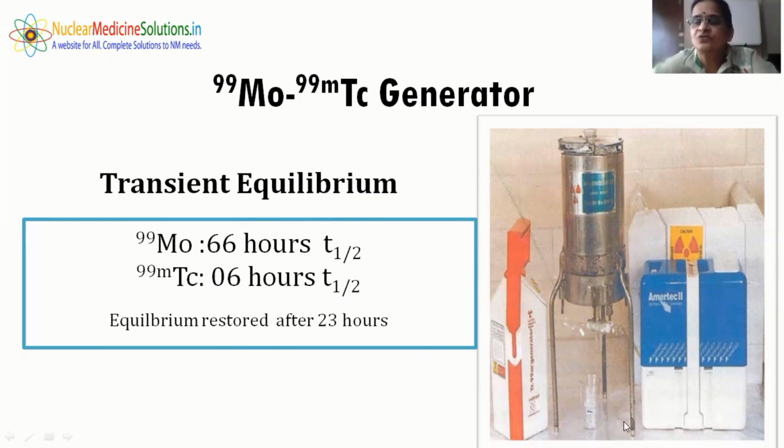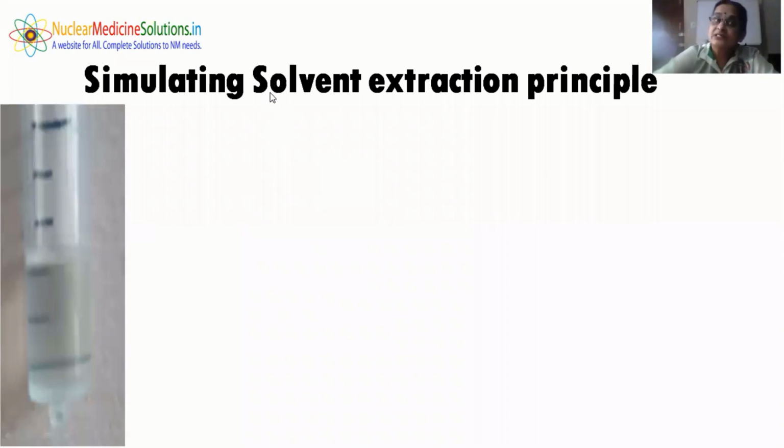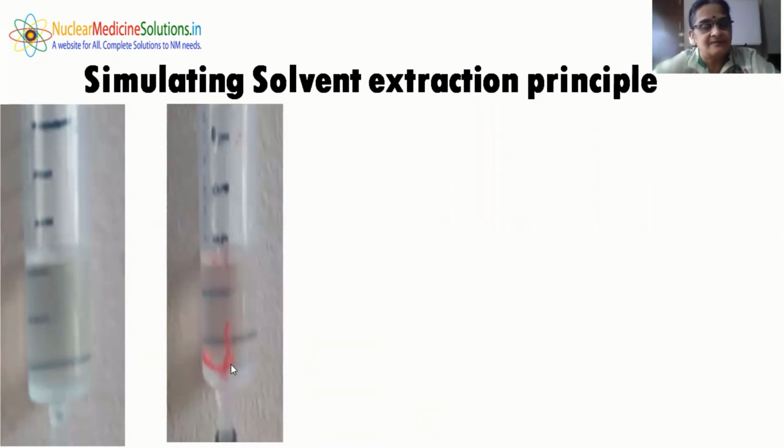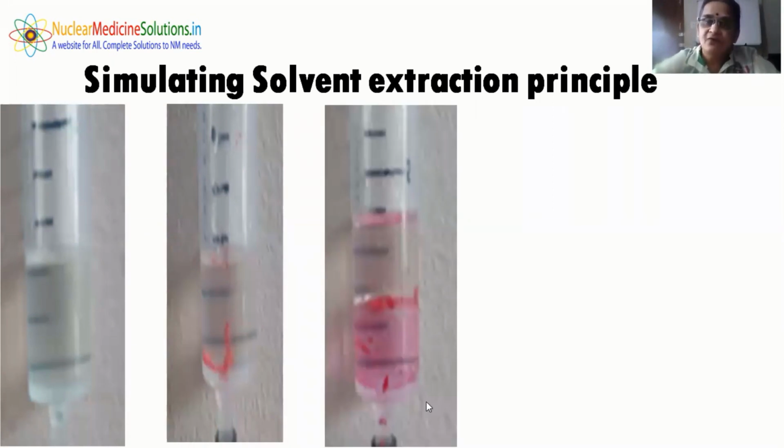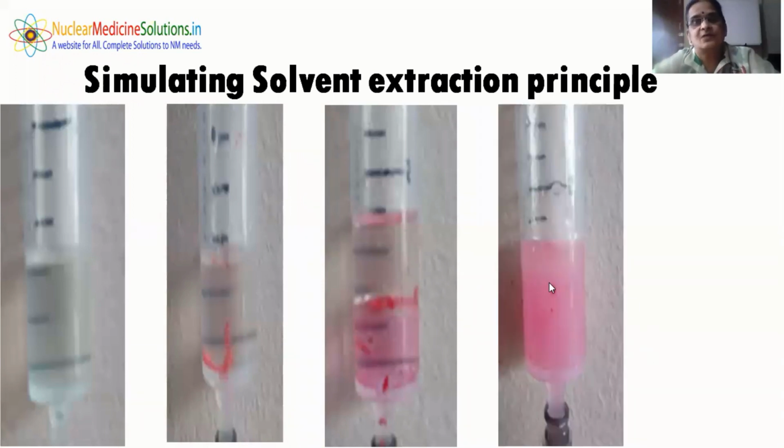Now here I've shown some images of the generators used, and in the next slides you'll understand which type of generator. Firstly, let us understand the solvent extraction principle by this simulation. Here I have used liquid oil inside the syringe, in which I've added some substance which is not going to get dissolved or mixed in this oil. Now I'm using another phase, the aqueous phase, water, and if we mix it, it looks somewhat like this.